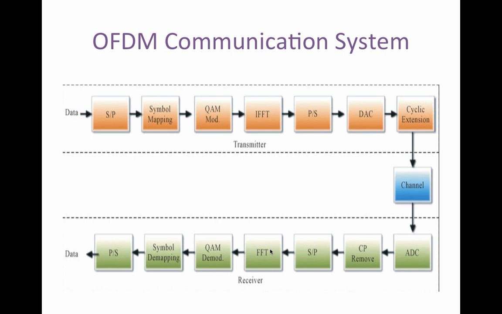This FFT converts the signal back to the frequency domain, reversing the IFFT. Going through the QAM demodulator and the symbol demapping, it passes to the parallel input serial output converter. Here the data is loaded in parallel into the shift register and then shifted bit by bit. So at the output, we get the exact input signal that we were supposed to transmit.